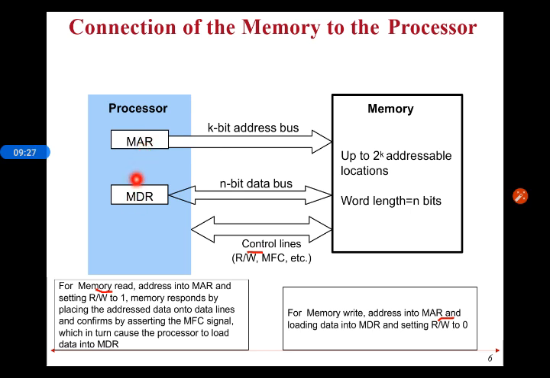In memory read, we place only the MAR; it is the responsibility of the memory to place the data in the MDR. But in memory write, the address will be placed into the MAR and the data to be written into that location will be placed into the MDR, and then it will set R slash W bar to 0. 0 means the W line is active, so it is active low. The bar indicates that it is active low, so it will finish the memory write operation.